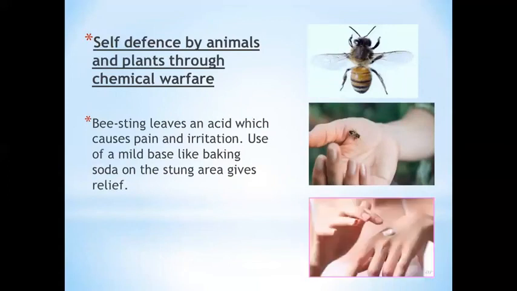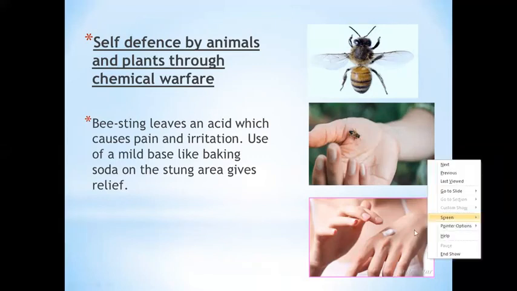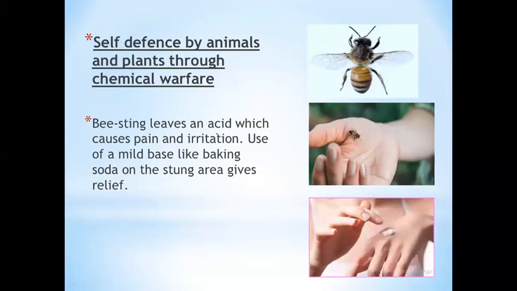Bee sting leaves acid. The acid present in the bee sting is methanoic acid, or formic acid, which cause pain and irritation, and it is neutralized by mild base like baking soda on the stung area which gives relief.